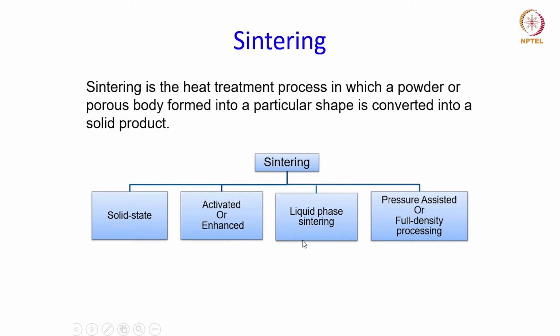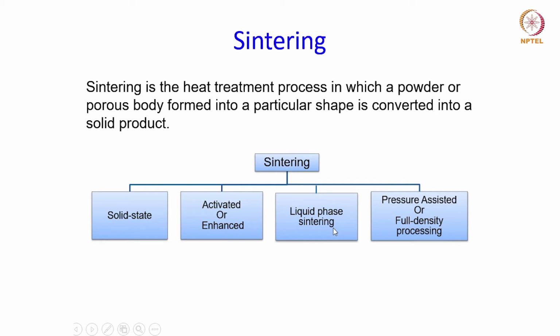So those kinds of processes are known as enhanced sintering. And then when a liquid phase is involved, that is known as liquid phase sintering. This is different from the conventional solid state sintering in the sense that apart from the main solid phase which is to be sintered, there is a second phase which will melt at the sintering temperature, and therefore a liquid phase is also involved in this case.